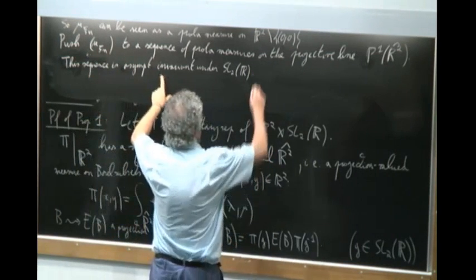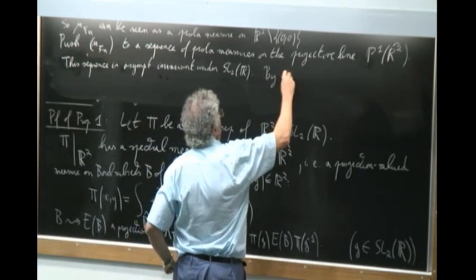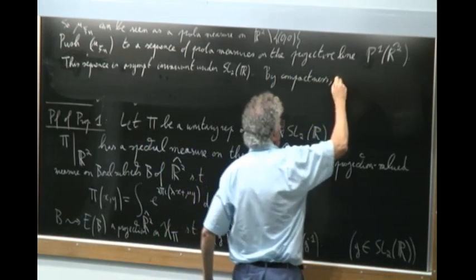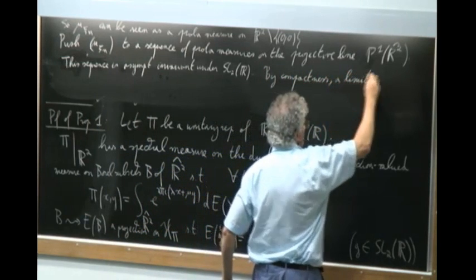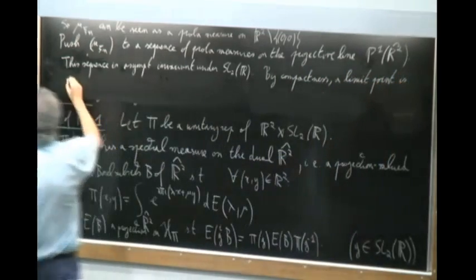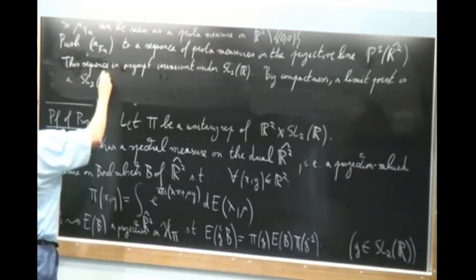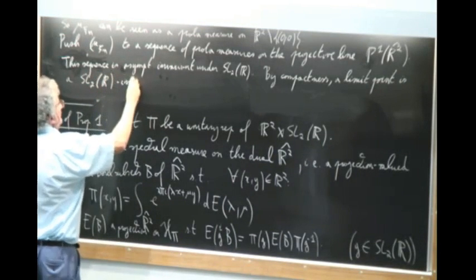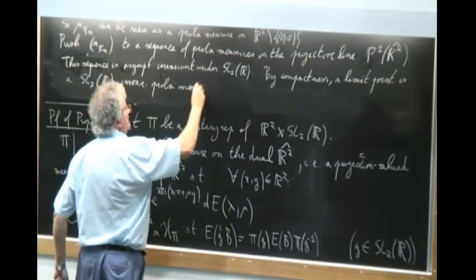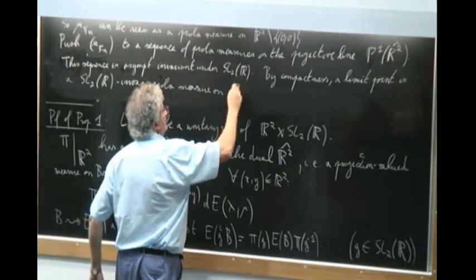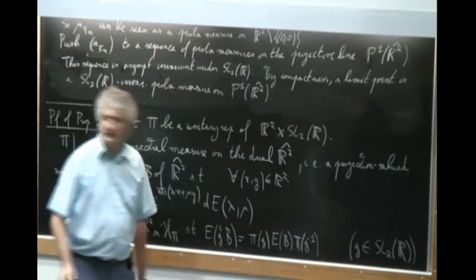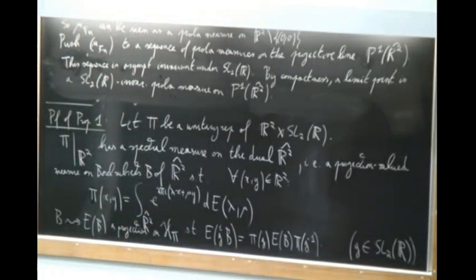So by compactness, a limit point would be an SL2R invariant probability measure on the projective line, and that's a contradiction because this is something which does not exist.